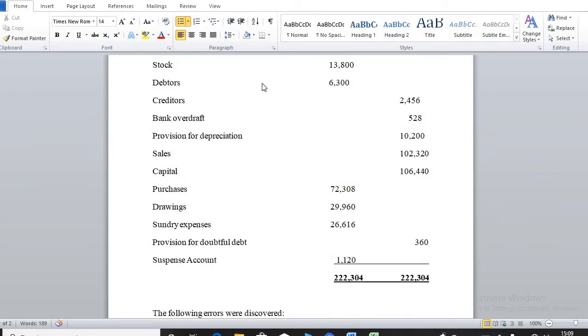Here we are going to credit the customer account by 148. Then we debit the sales account by the same figure to reduce the amounts to their original figures.